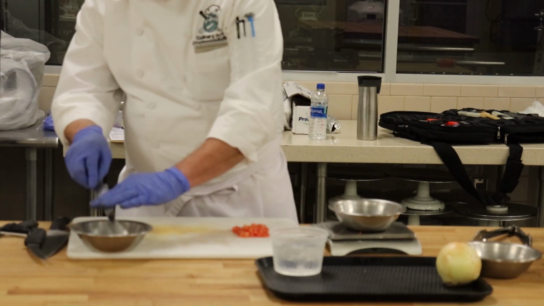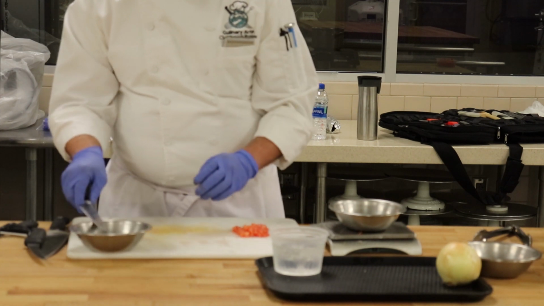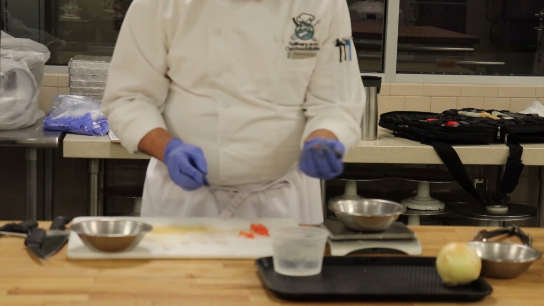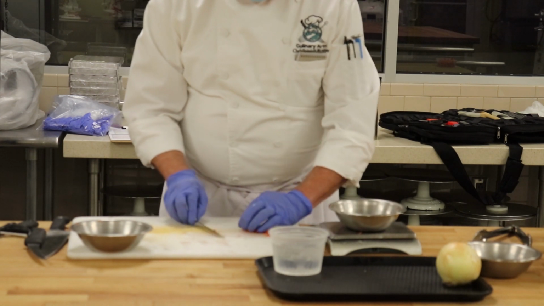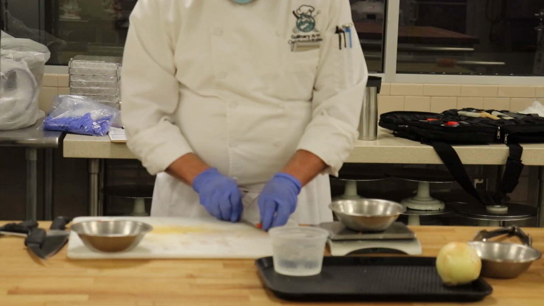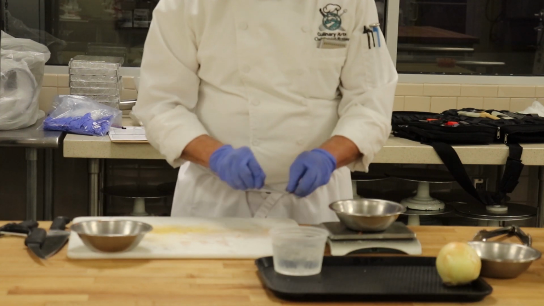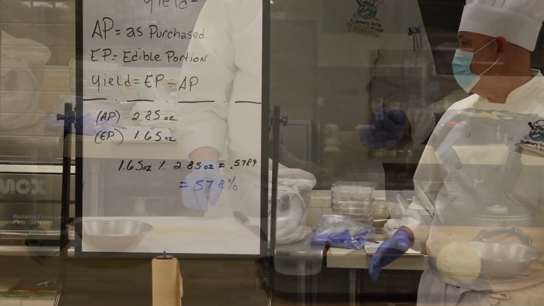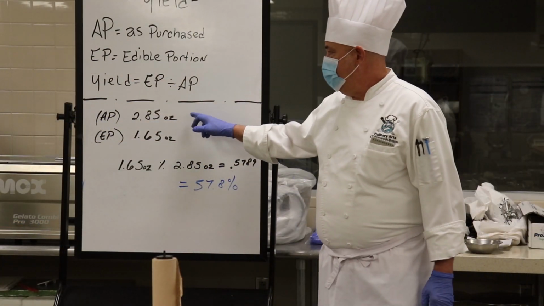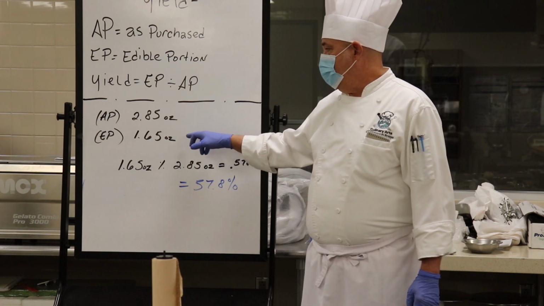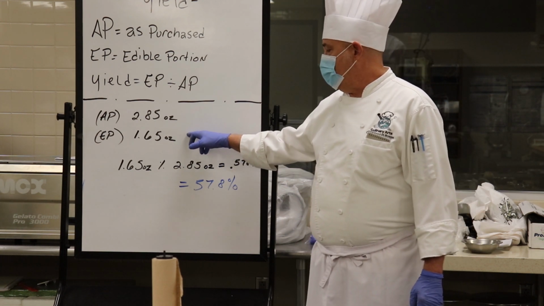Everything else is scrap. We're not going to have any usable scrap from this product. So we're going to move this all over to our measuring bowl. And our EP weight is 1.65. Okay, so our AP is 2.85 ounces. Our EP, the edible portion, is 1.65.